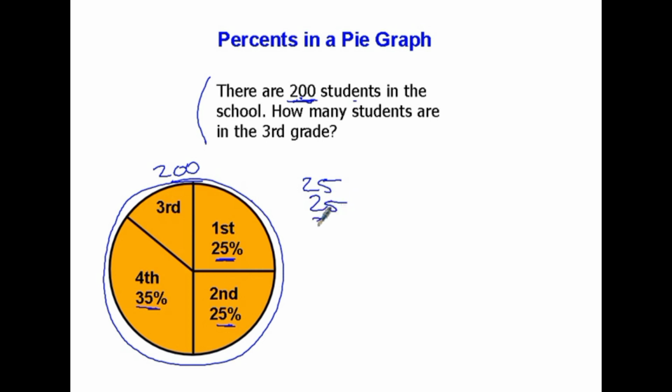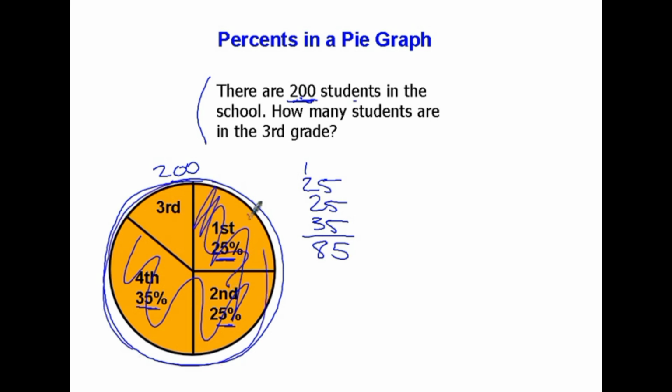So what we do here is to add up the figures that we already have. That is, for first grade, we have 25, second grade, 25, the fourth grade, 35. So the portion of the shaded circle gives us 85 already. So the total percentage is 100. When we deduct the already 85 from our 100%, we'll be left with 15% for the third grade.